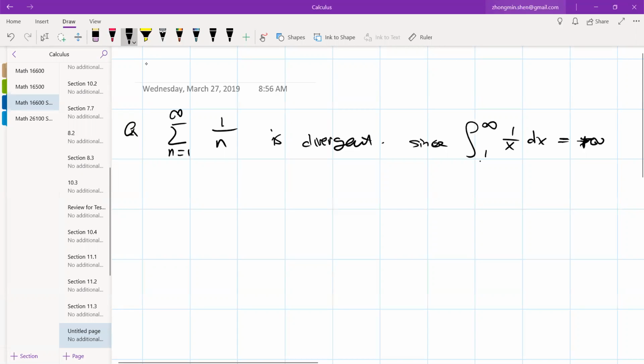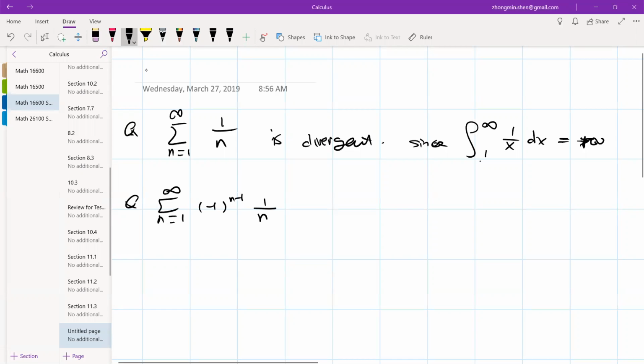And how about I change the sign? This could be (-1)^n over n. This is called an alternating series.